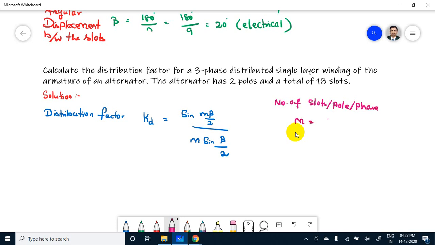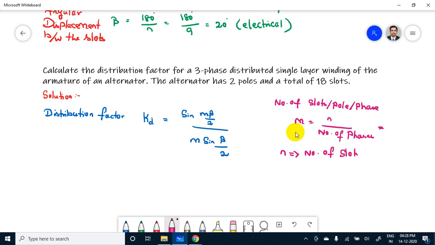So m equal to n divided by the number of phases, where n is the number of slots per pole.